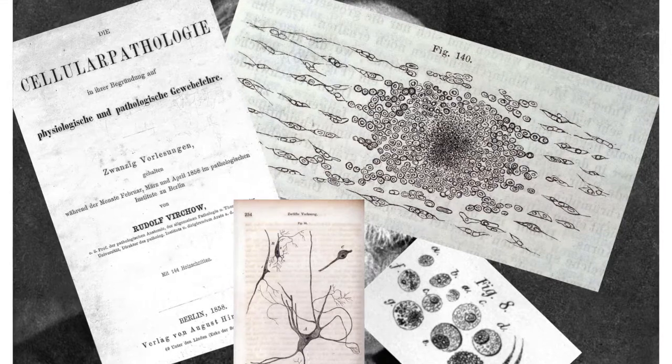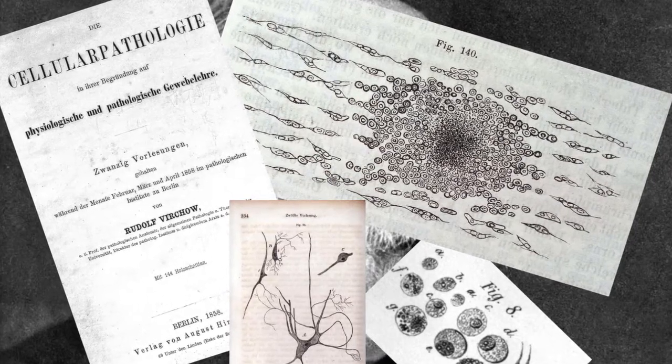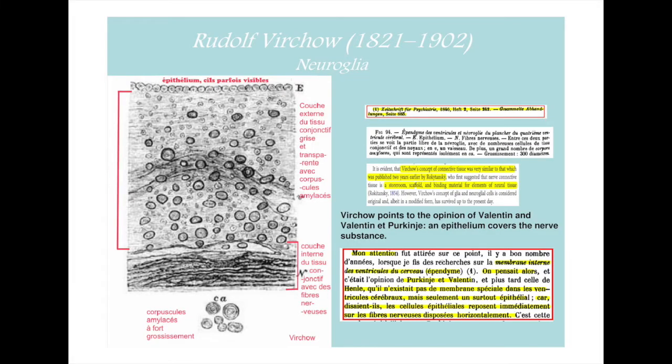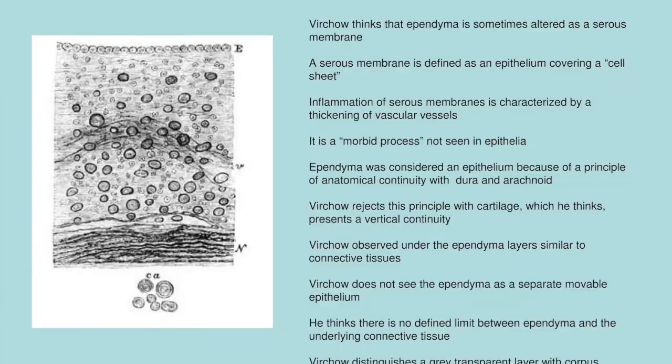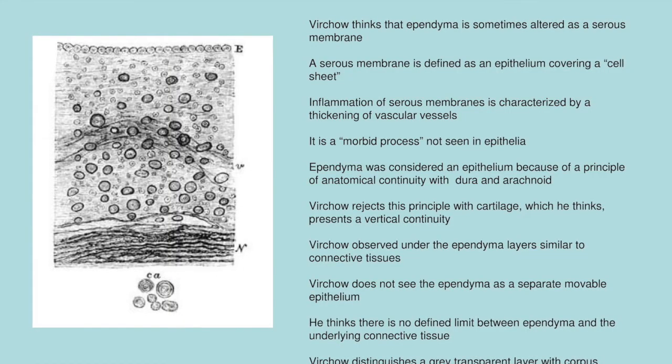In 1846, Virchow studied the ependyma. He first pointed to the opinion of Valentin and Purkinje, according to which an epithelium covers the nerve substance in the spinal cord. He then followed the original ideas of Rokitansky without mentioning his name.